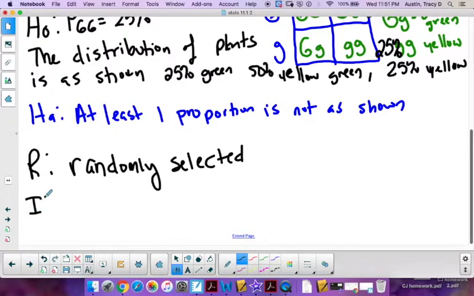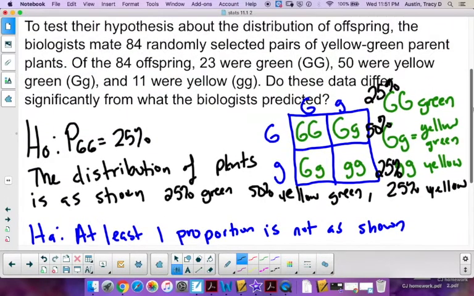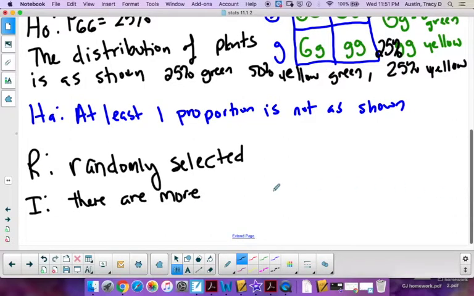Okay, independent. This is where we go back to the sample size. Our sample was 84 pairs, 84 times 10 tobacco plants. Right? Okay, and then normal.